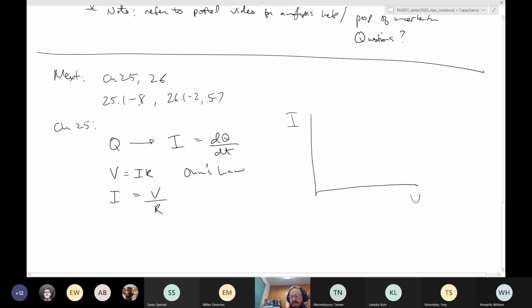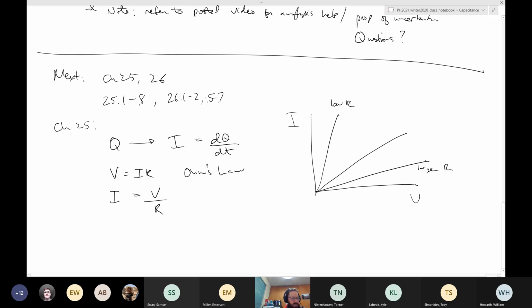You'll probably see these if you're EEs as you go forward. You can see this is a linear relationship. If the resistance is really low, you would have a lot of current as a function of voltage, but if the resistance was really large, you would have less.